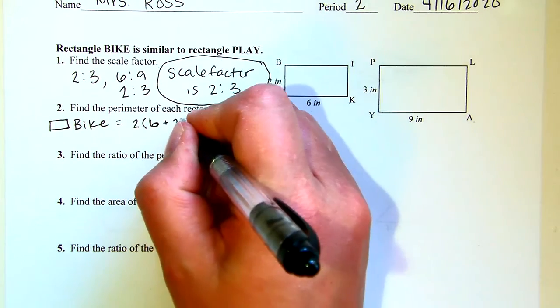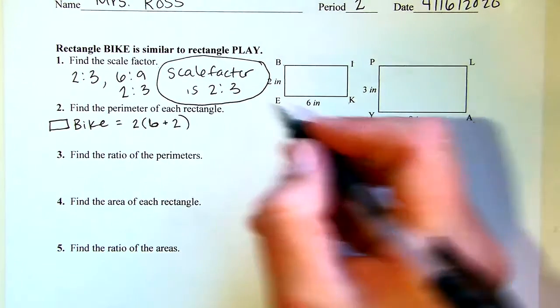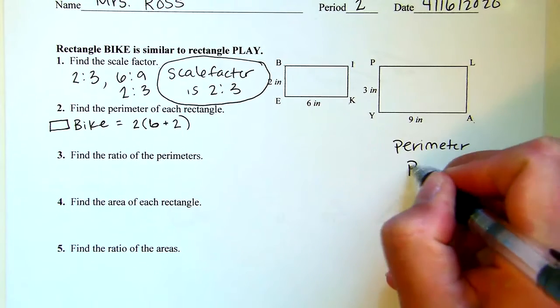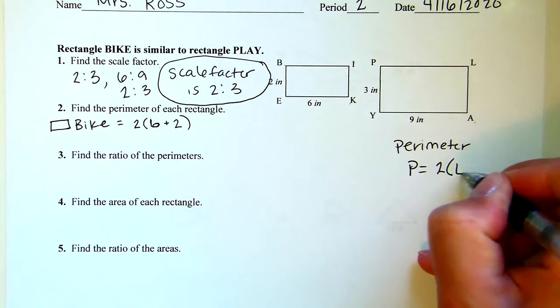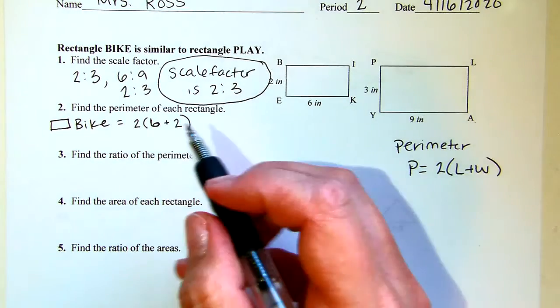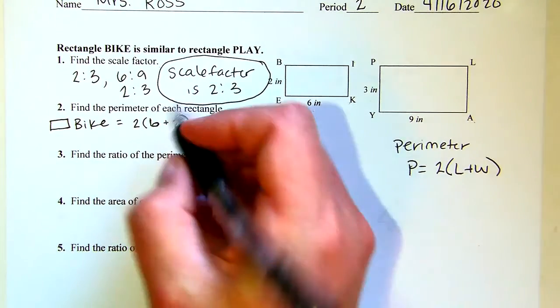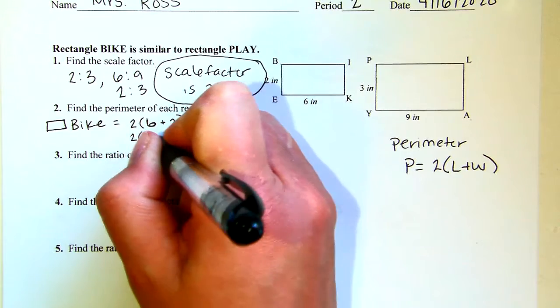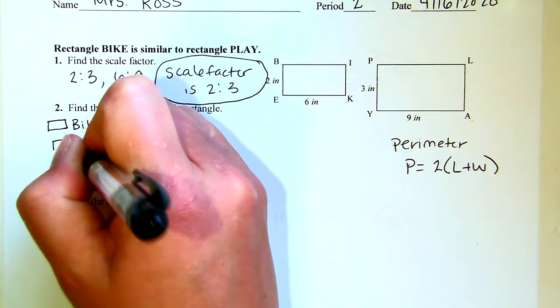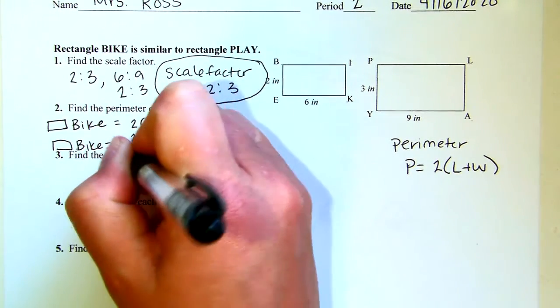So when we talk about perimeter, we're using the equation perimeter equals 2 times the length plus the width. So here I'm going to go 6 plus 2, which is 8. 2 times 8 is 16. So the rectangle bike has a perimeter of 16 inches.